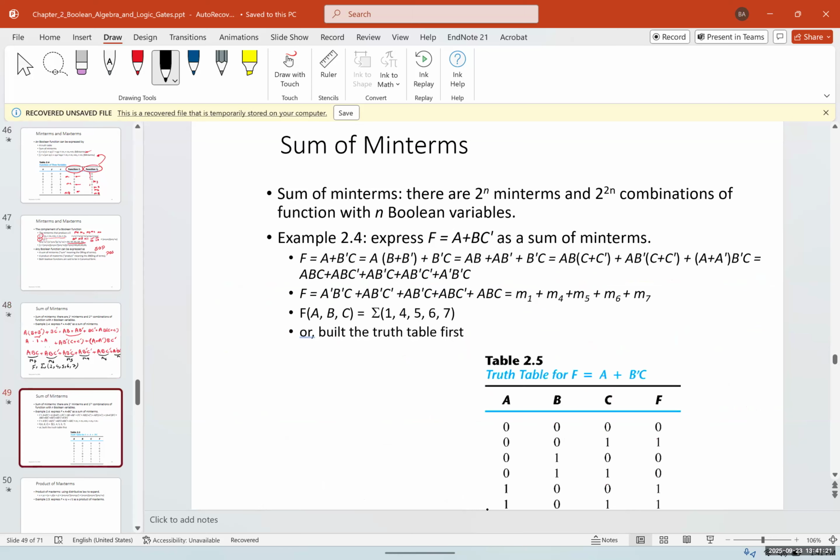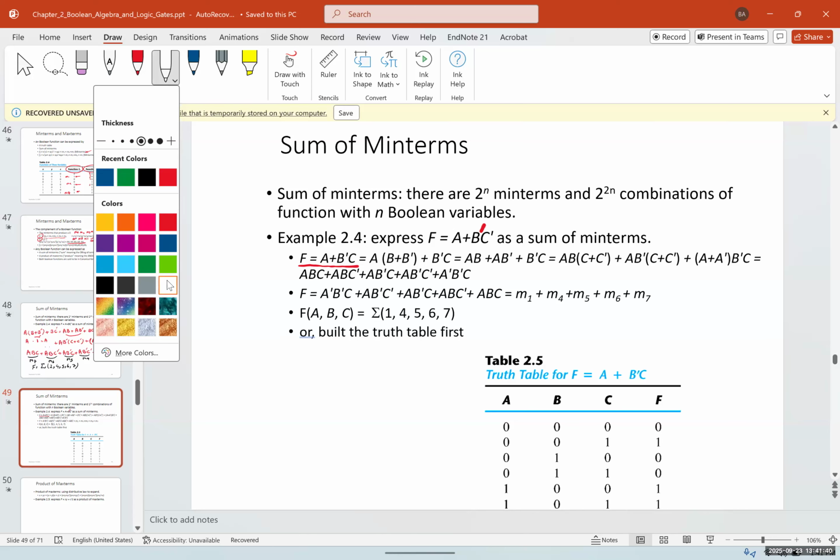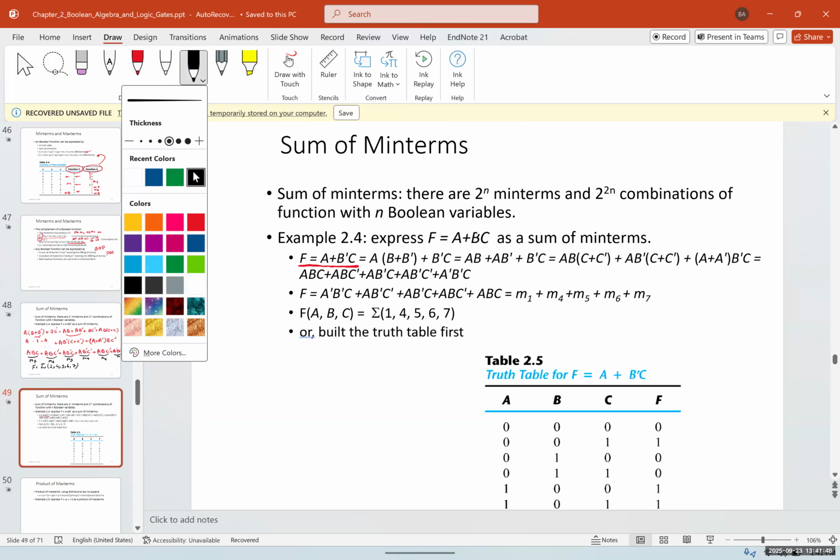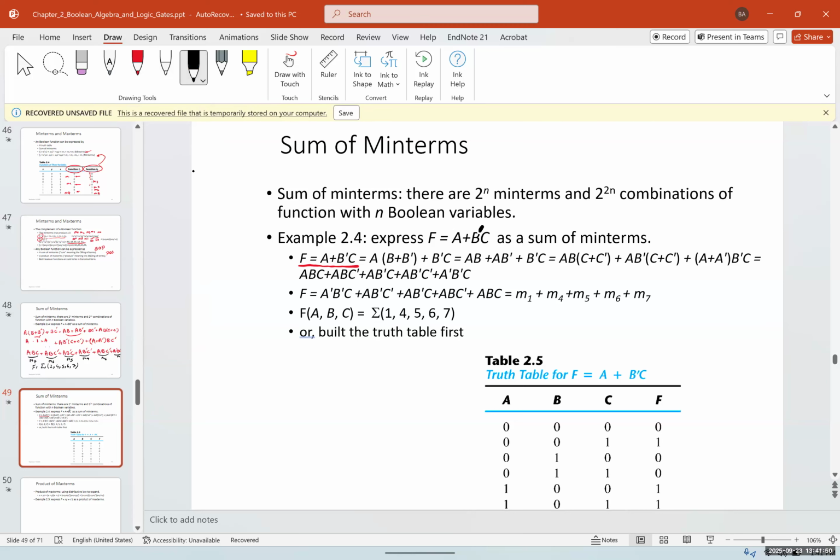See if I did it right. Okay, so here, just to clarify, this is solved for a plus b prime c. So there is a small typo here. Just eliminate this and replace it with a b prime c.